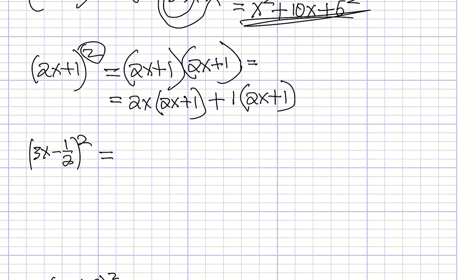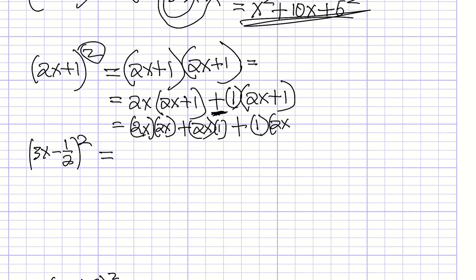Don't forget this addition sign here, and then you multiply out. The first one will be 2x times 2x, and then 2x times 1, and then that plus sign here, and then you do that one like that: 1 times 2x plus 1 times 1.